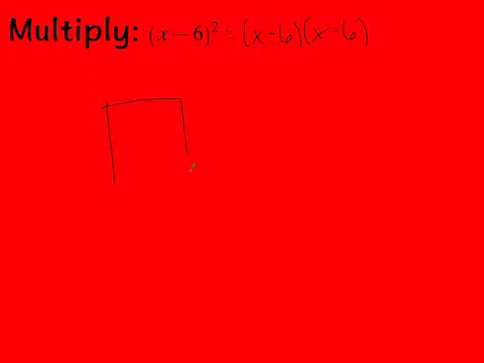So we would draw our box, we would label our box, and then we would multiply inside our box. So x times x gives you x squared, x times negative 6 gives you negative 6x, negative 6 times x gives you negative 6x, and negative 6 times negative 6 gives you positive 36, because a negative times a negative always gives you a positive.